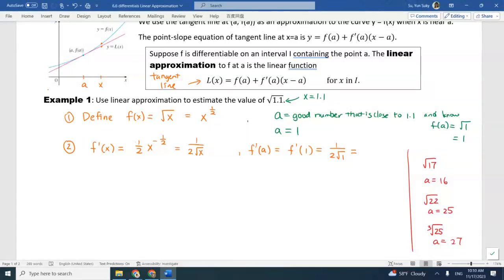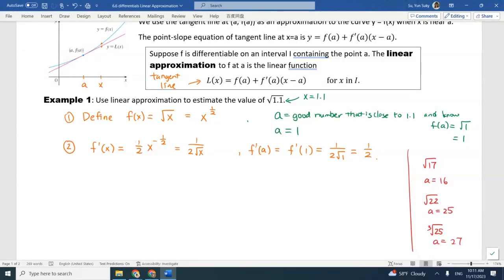We get 1/2. Right, everybody? So we're looking for the tangent line, and we find that the point a is 1. Then we find the derivative and plug in the a, we get the slope, right? And good. Now I have the slope, I have the point.